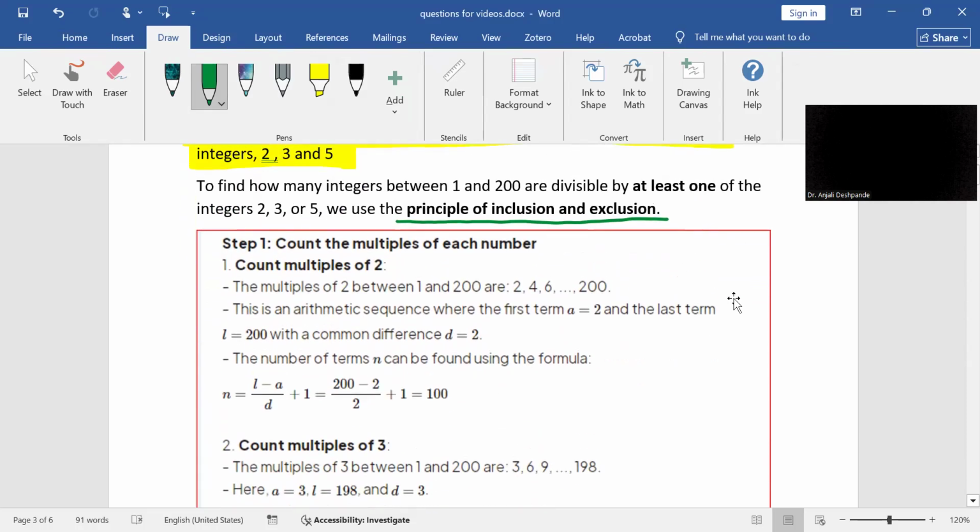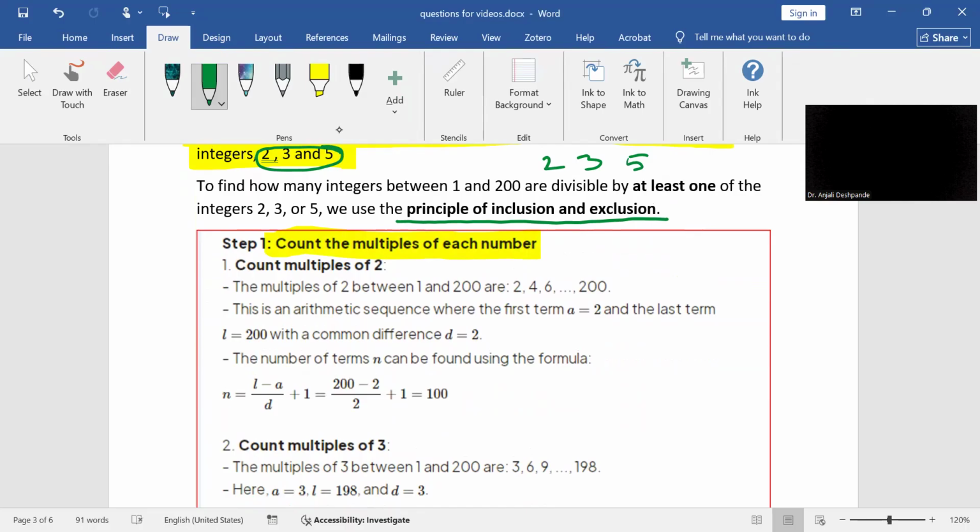I've just written the calculations ahead of time to save some time, so that the video shouldn't become unnecessarily long. First, we are going to count the multiples of each number. Which numbers am I talking about? I'm talking about 2, 3 and 5.